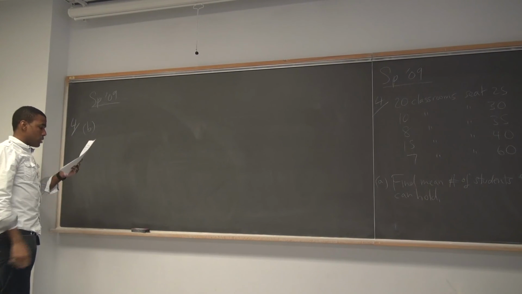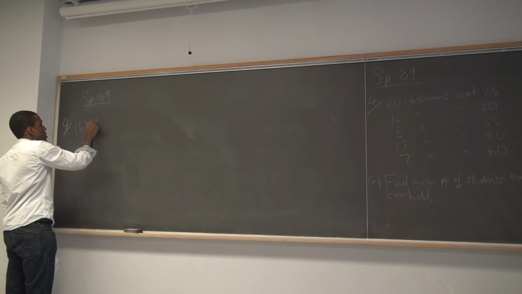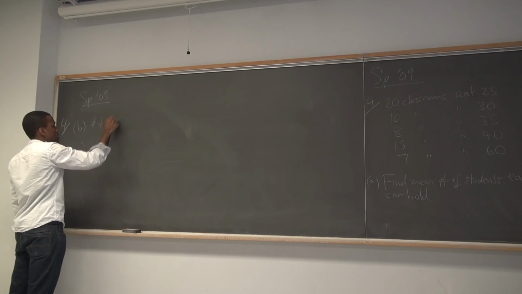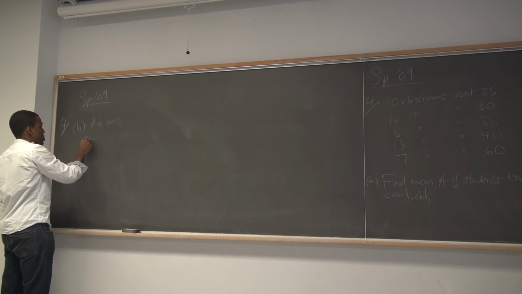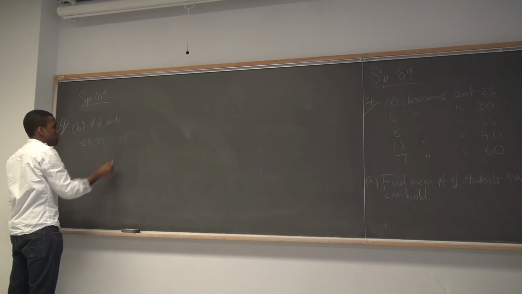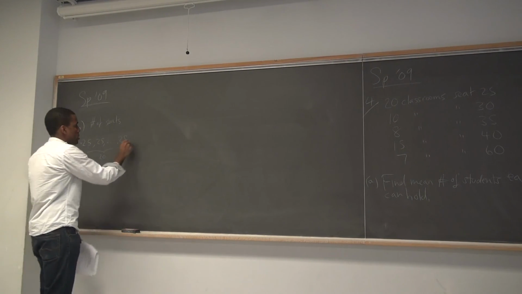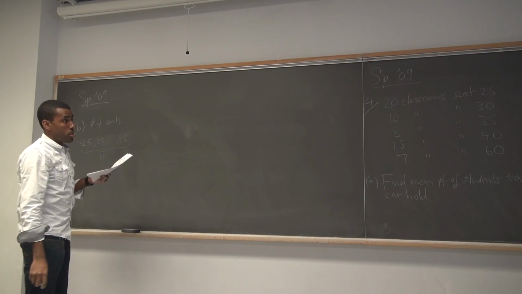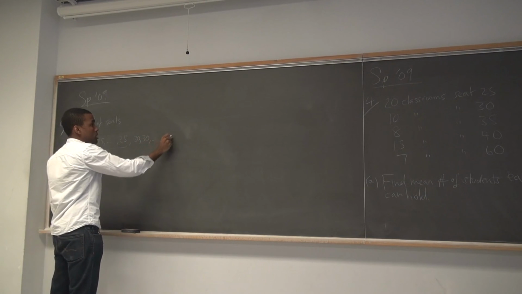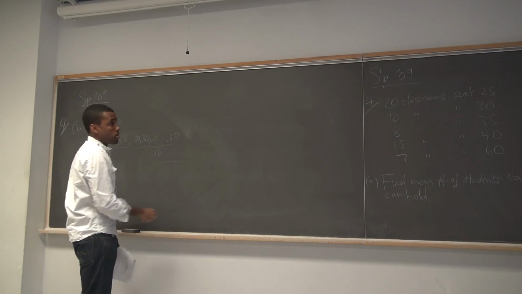So what's the situation we have here? There are 20 that can seat 25. So look at the number of seats. You have 25, 25. We're just listing all the numbers, 25, and there are 20 such numbers. The next step up is 30. So you have 30, 30, and we have 10 such numbers.